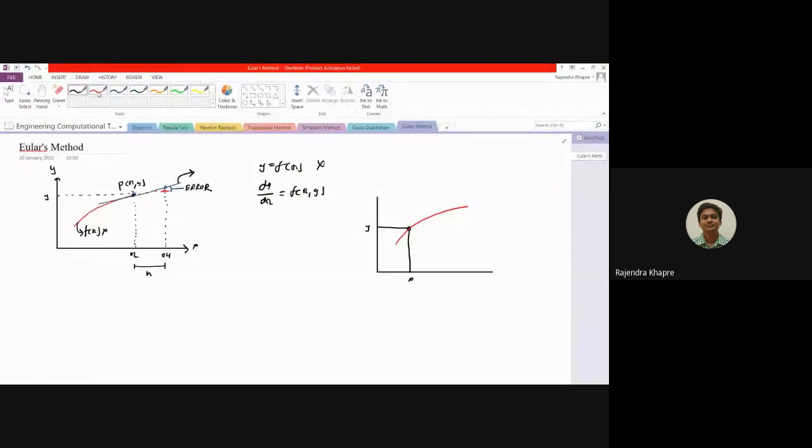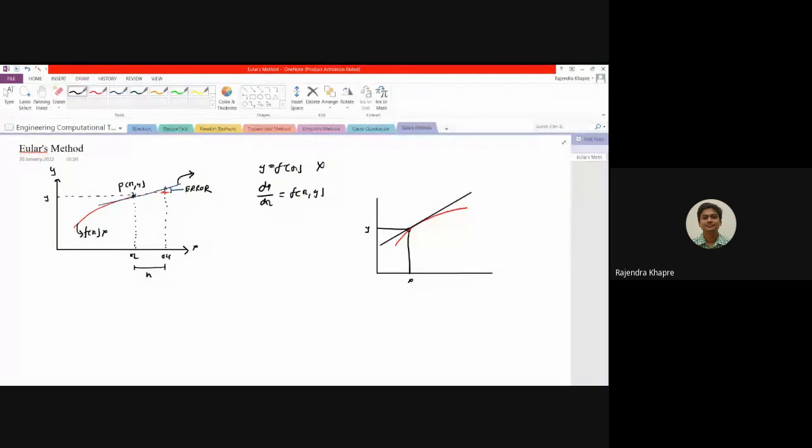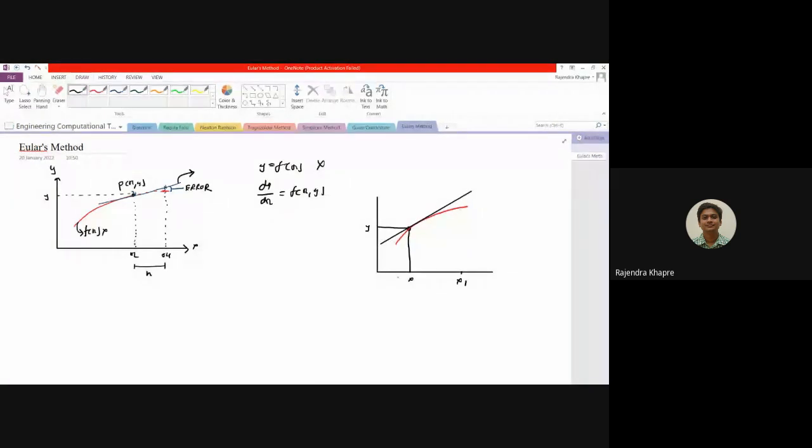Now this point is known to me, so at this point I can draw a tangent. So at this point I am drawing a tangent now. You can see my tangent is going somewhere over here, and I want to know what is the x1 value, or what is the value of y at x equals x1.